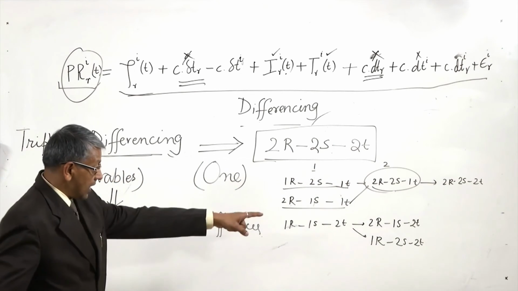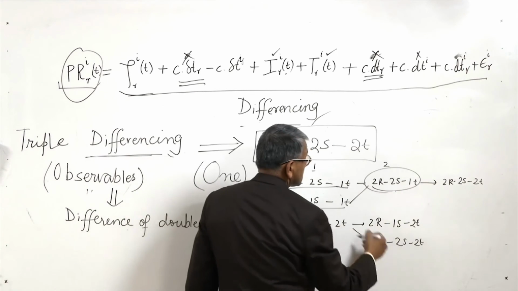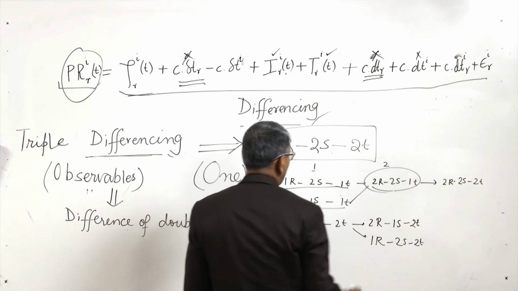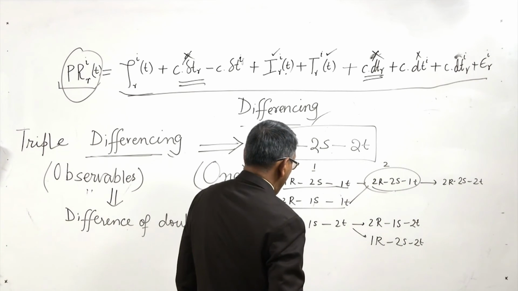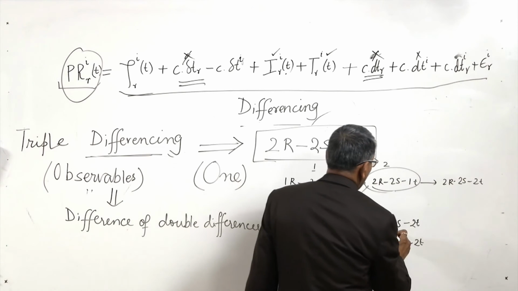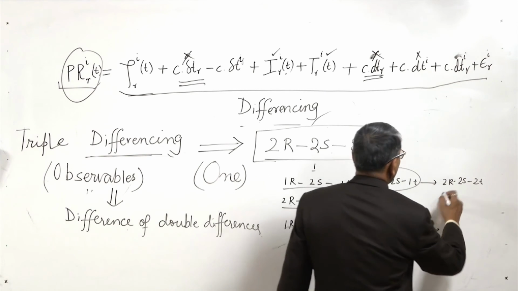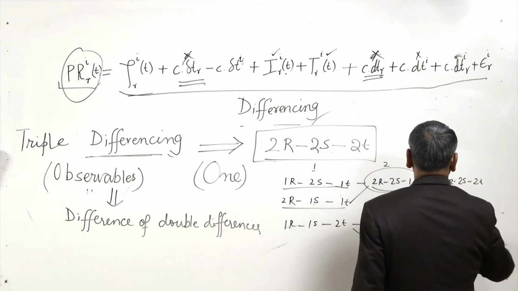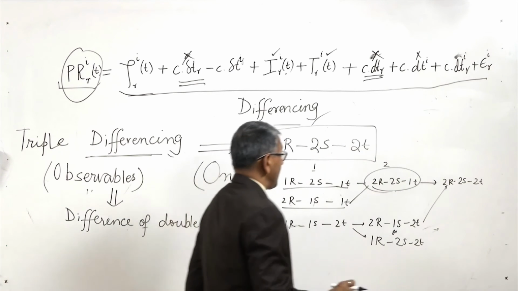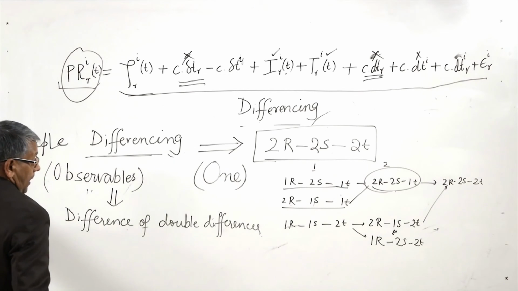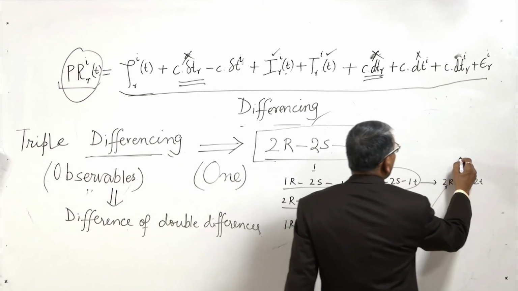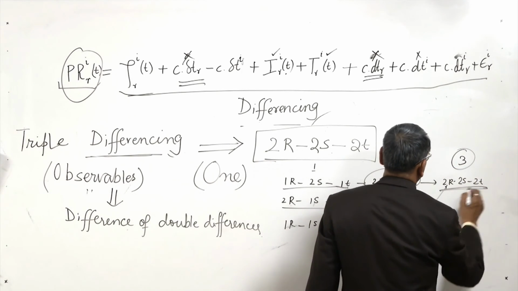So this is the way we can get double difference. And then from there we may go for the triple difference; either way we can arrive at this. So for triple difference, only one type of observable we can get.